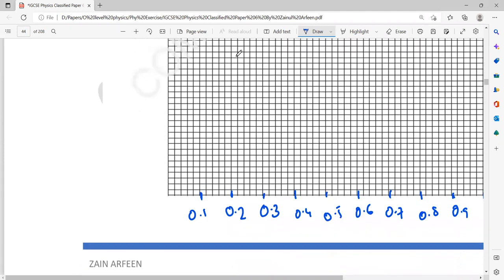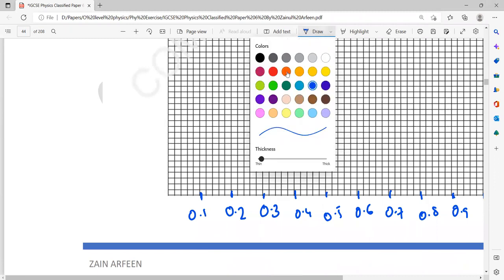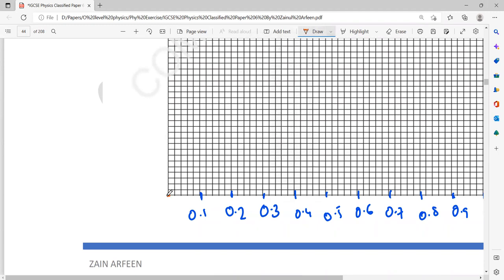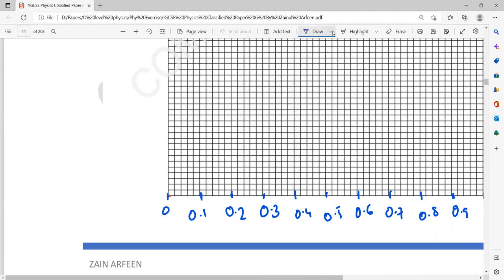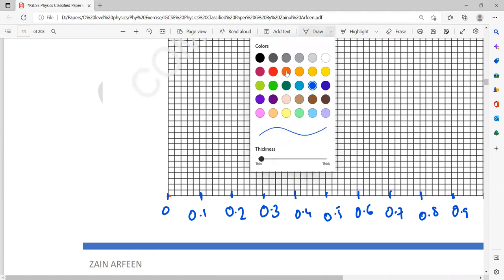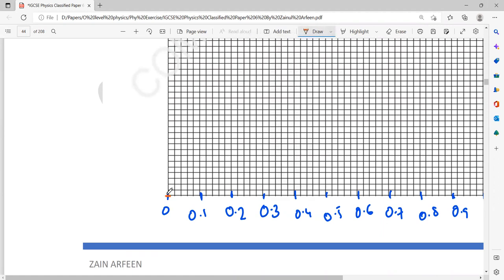If you select, for example, 10 boxes equals 2. This was 0 for the x-axis as well as the 0 for the y-axis. Then 10 boxes equals 2.